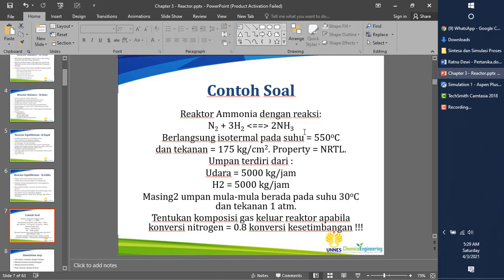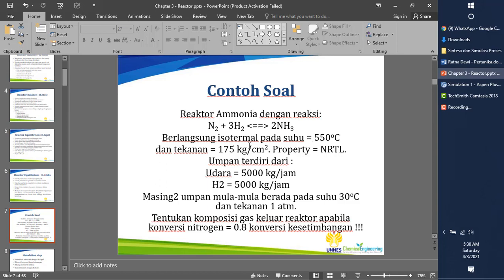It has a forward reaction to form ammonia and also a backward reaction that can separate the ammonia into nitrogen and hydrogen.